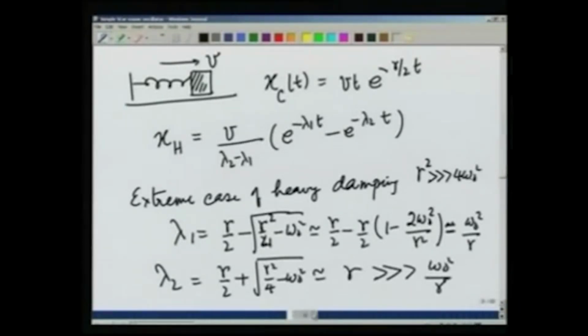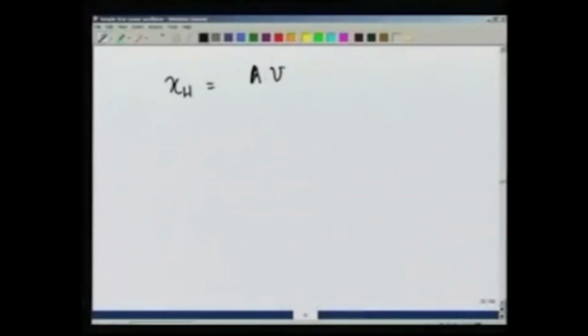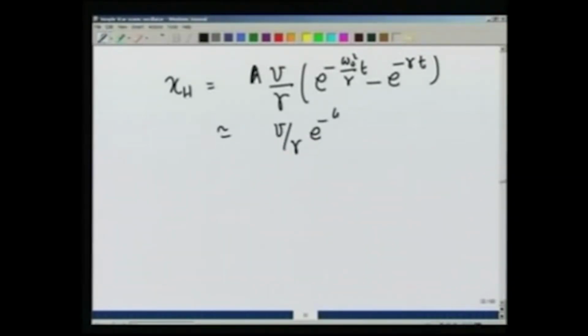So, in this case the heavily damped solution x h becomes V over gamma times e raised to minus omega 0 square over gamma t minus e raised to minus gamma t, which is approximately equal to V over gamma e raised to minus omega 0 square over gamma t. This is extremely heavily damped solution. On the other hand, x critical was V t e raised to minus gamma t.